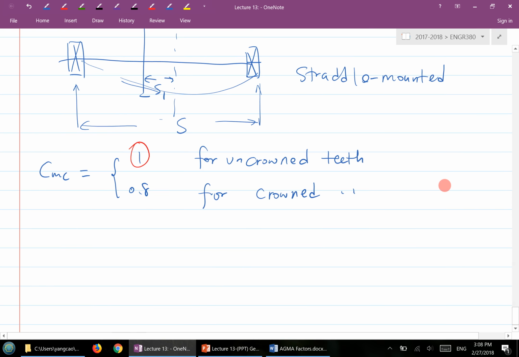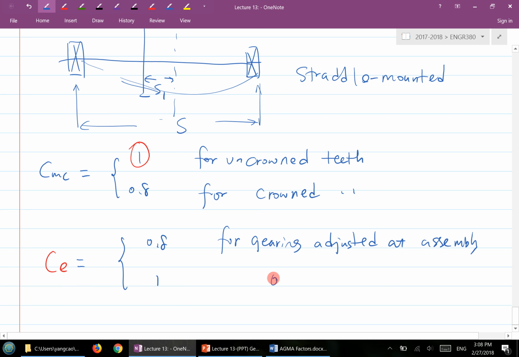Also, there's the CE value, which takes two different values. It's 0.8 for so-called gearing adjusted at assembly, and 1 for other conditions.